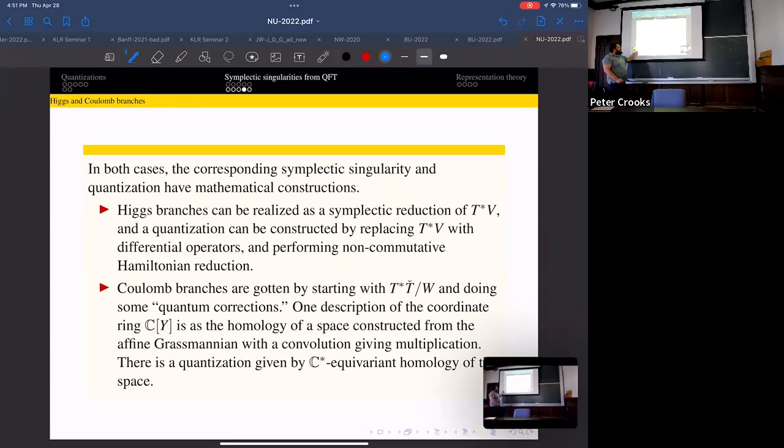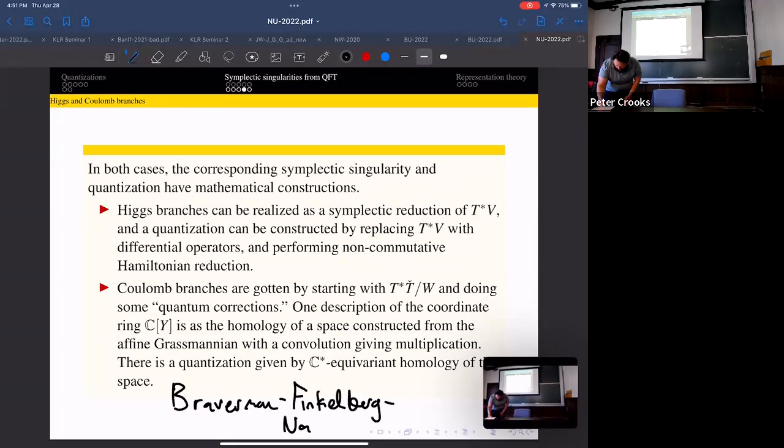But we actually can describe the coordinate ring of this guy. And I should say again, this was done by Braverman, Finkelberg, and Nakajima, who found a geometric description of what these quantum corrections were. There is a purely algebraic way to define what these are, but it's a little bit complicated. It's not so easy to do that.